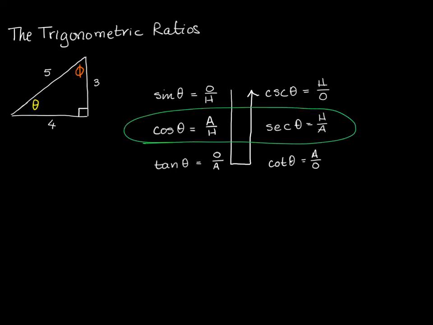Here, let me show you what I mean. 1 over the secant of theta is 1 over, well, we've said that secant is hypotenuse over adjacent, so I'll write that as a fraction.